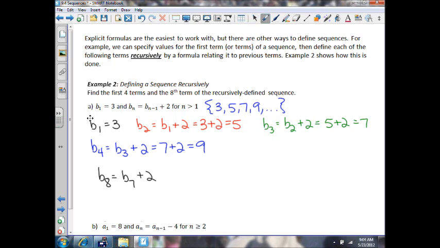So really, instead of b sub 7 plus 2, we're going to take our first term, then add our 7 times 2. Because really what we're doing is taking our first term b and adding 2 to it 7 times to get to the 8th term. So our 8th term will be 17. b sub 8 will be 17.